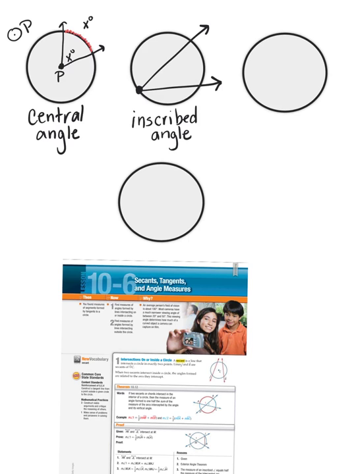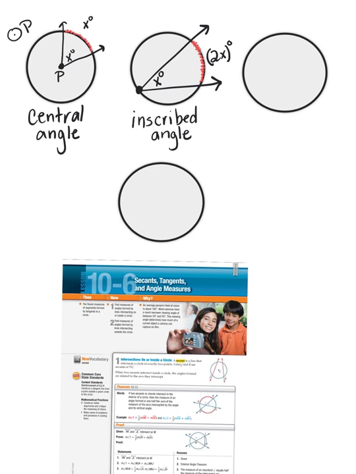If I want to find the measure of that angle in degrees, it is always half the intercepted arc in degrees. And again, our intercepted arc is that piece of the circle that lies between the two sides of the angle.